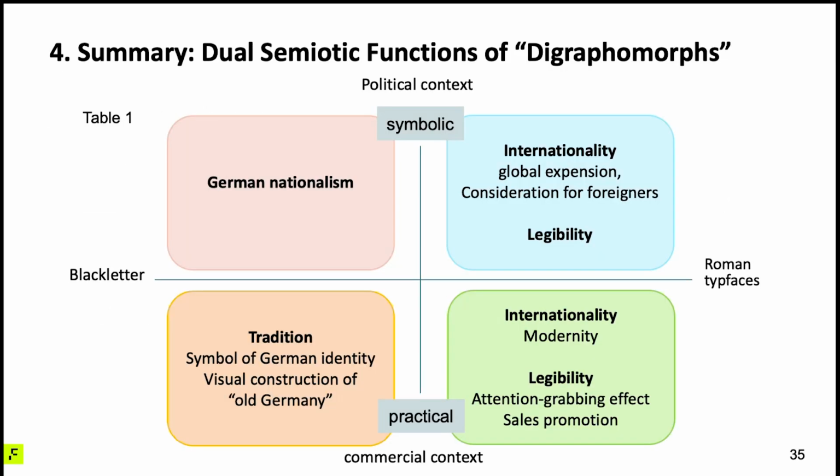To summarize the analysis, Blackletter carries the lexical function of German identity and tradition, while Roman typefaces were associated with internationality and visibility. These functions operated across both commercial and political contexts.